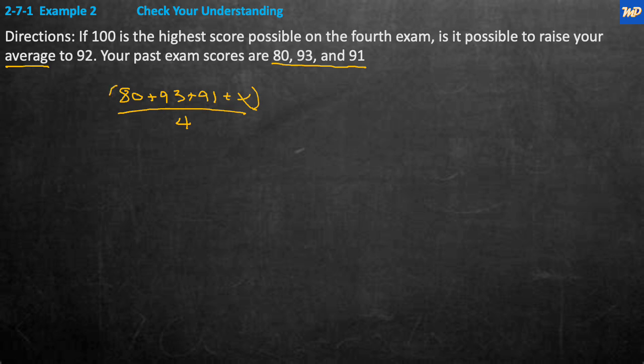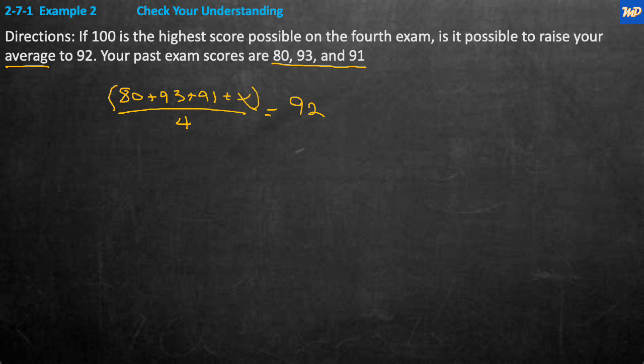These are all one group because of the division line here. So that has to be equal to 92. So what will x have to be for this expression to be 92? Well, let's solve it.